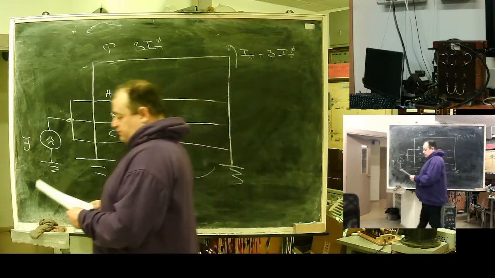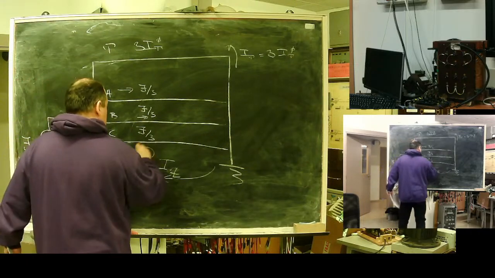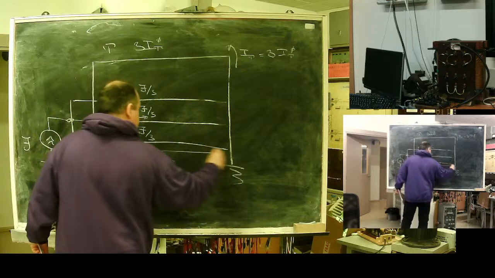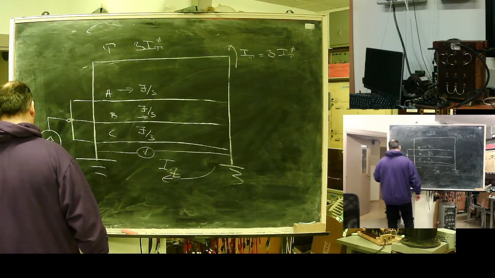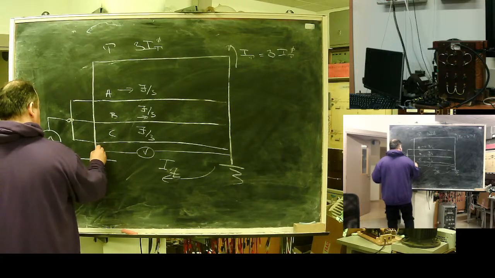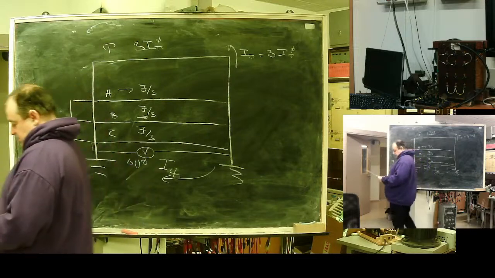We need to understand the influence in zero sequence. It would be nice to measure delta zero here to understand.